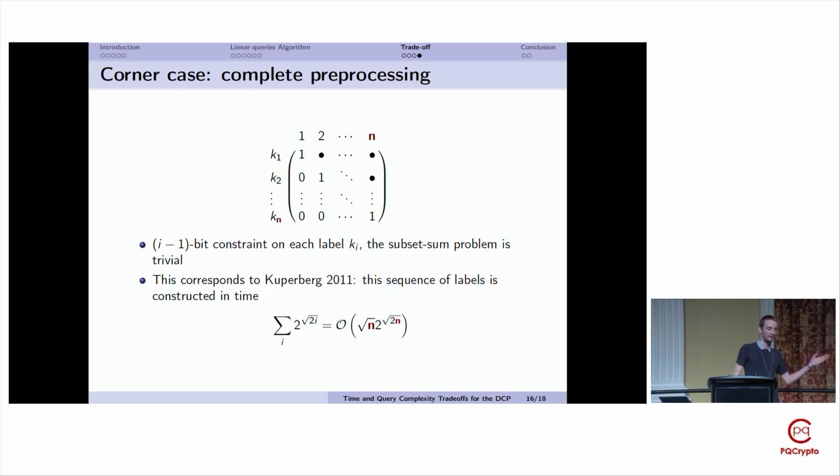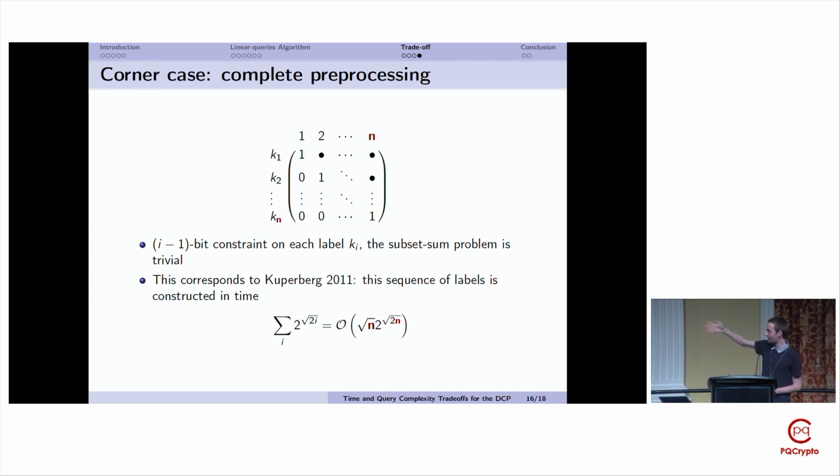So you apply this algorithm, the linear queries algorithm, but with these preprocessed labels. And of course, to obtain these labels, you have to use combination routines. And basically, you have to use your favorite algorithm that does that. You could use, for example, the Kuperberg 2011 algorithm.